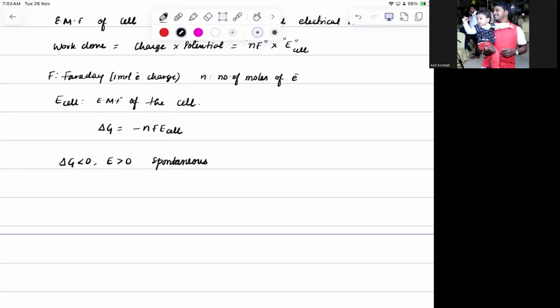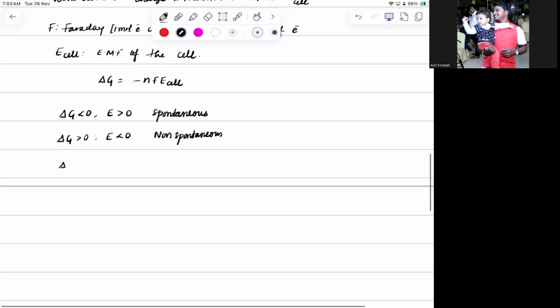Okay. If delta G is positive, E must have been negative, and this is non-spontaneous. And if delta G is equal to 0, that means E must have been 0, and the cell is at equilibrium. Okay.